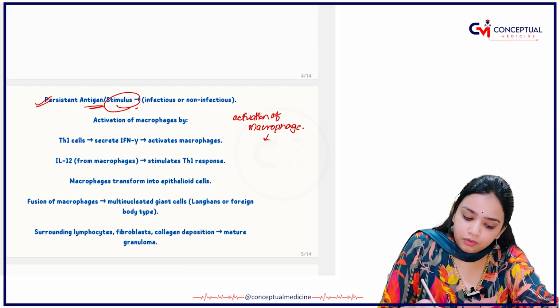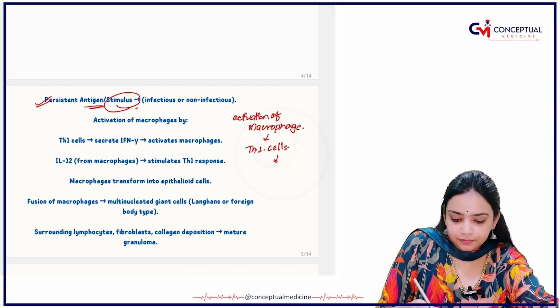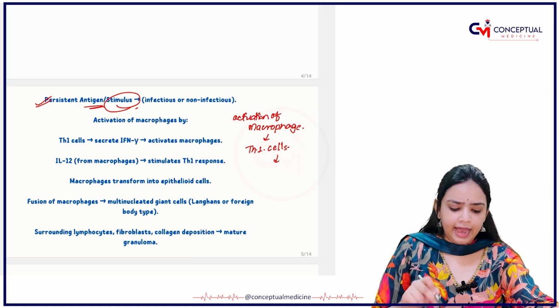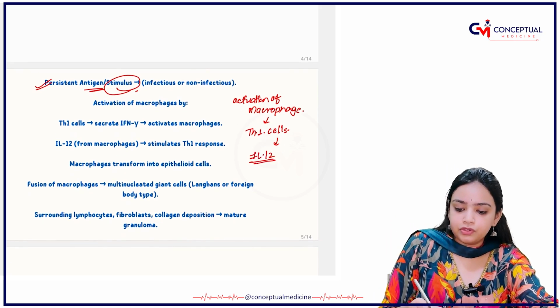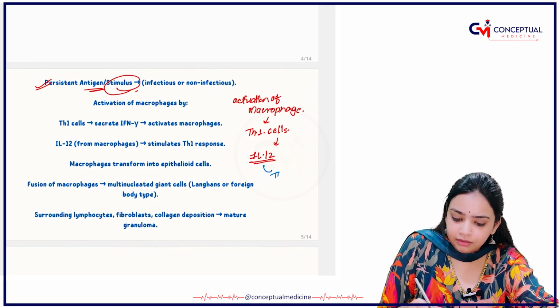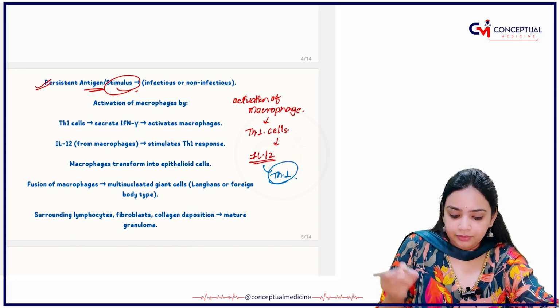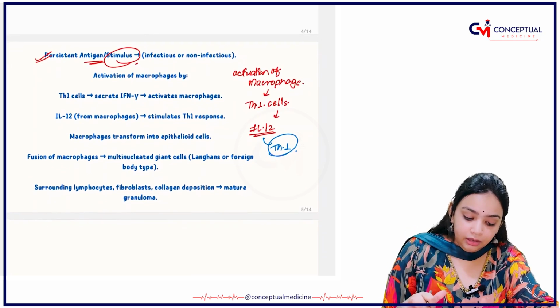As a result of which, you know what will happen? There will be activation of T helper 1 cells. Interleukin 12 will come into the role and help in the stimulation of T helper cell 1.